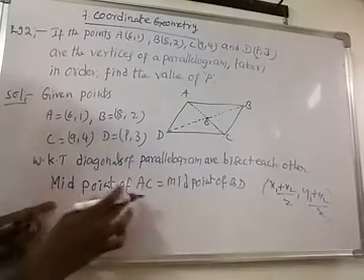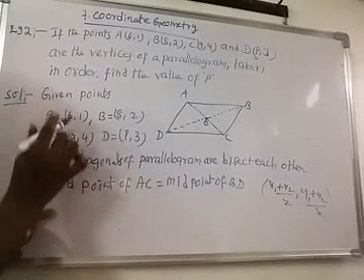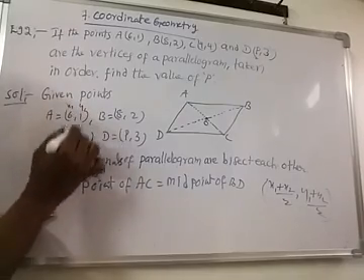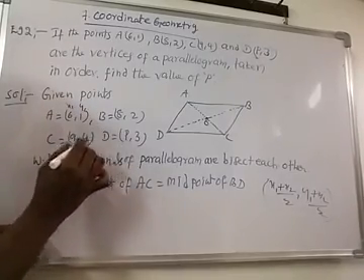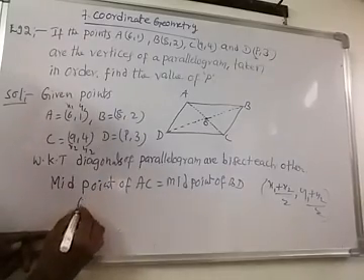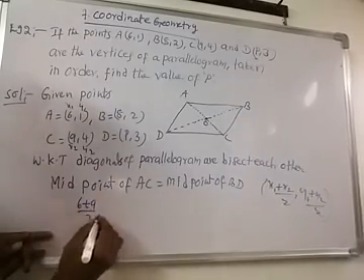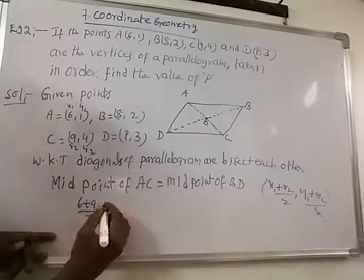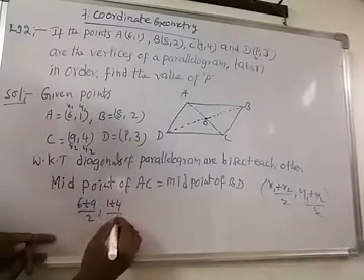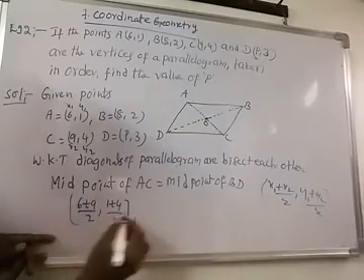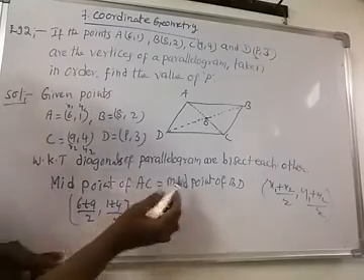So the midpoint of AC, in this it is x1, y1 and x2, y2, that is (6 plus 9)/2, (1 plus 4)/2, equal to the midpoint of BD.